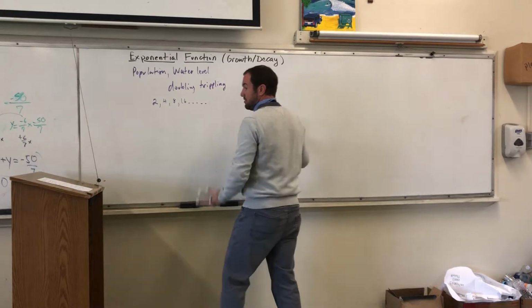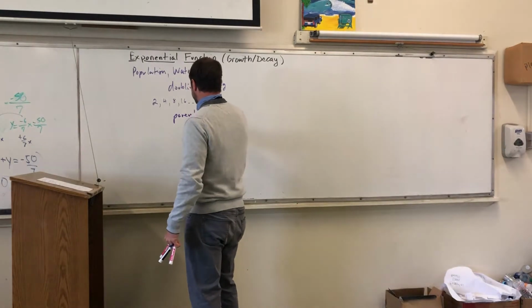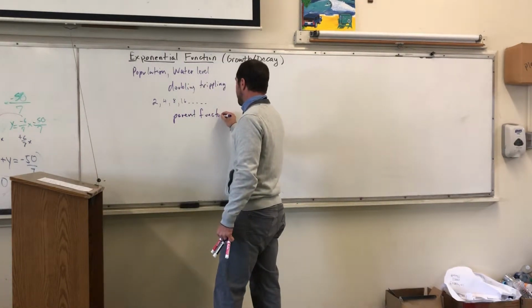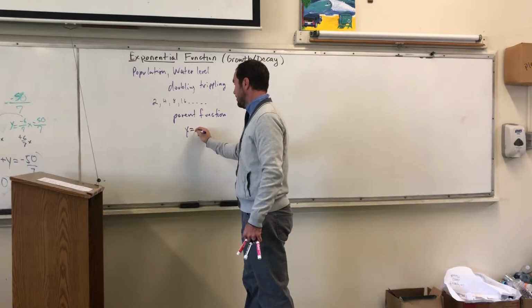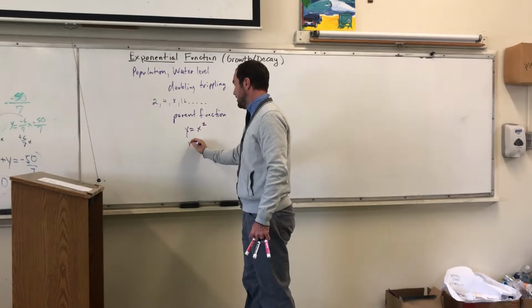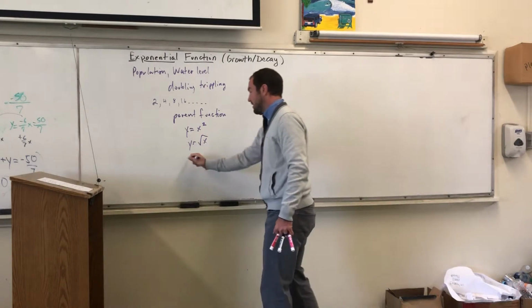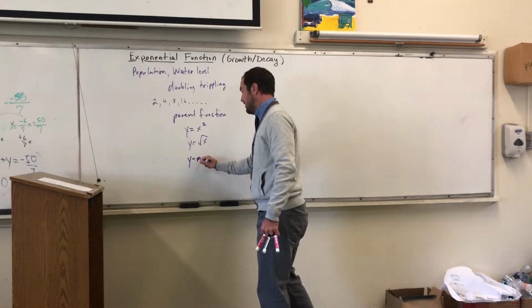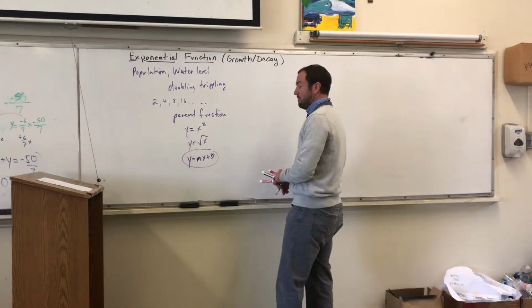So what you have is another parent function. Some other parent functions we've seen in the past are your x squared function or your rational function, even just mx plus b as a parent function.